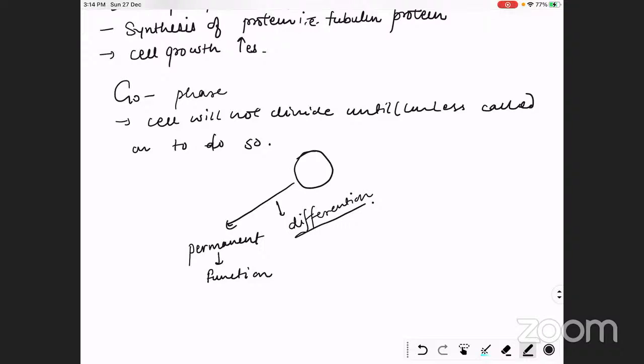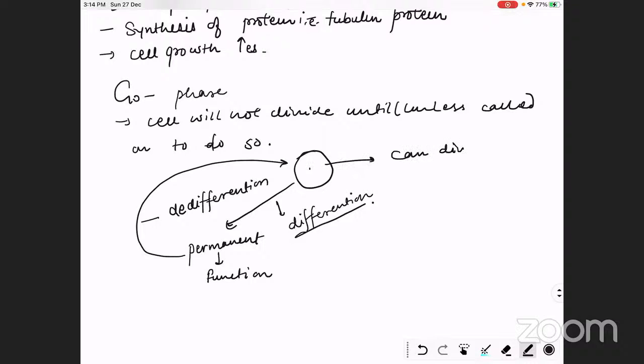If this cell again wants to convert into the meristematic cell, it is known as de-differentiation. After the de-differentiation, this meristematic cell can divide. Now it can divide by entering into the G1 phase.